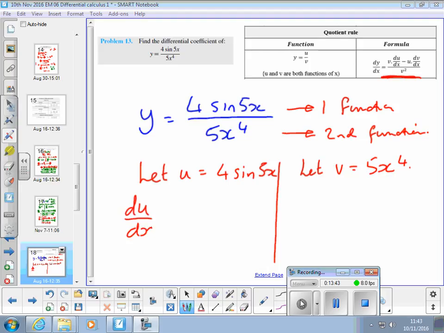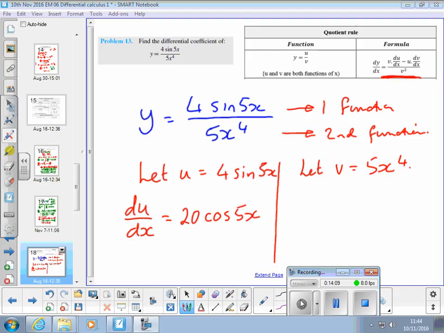Right, gents, du by dx is equal to what do we do? 20 cos 5x. Everyone agree with that?